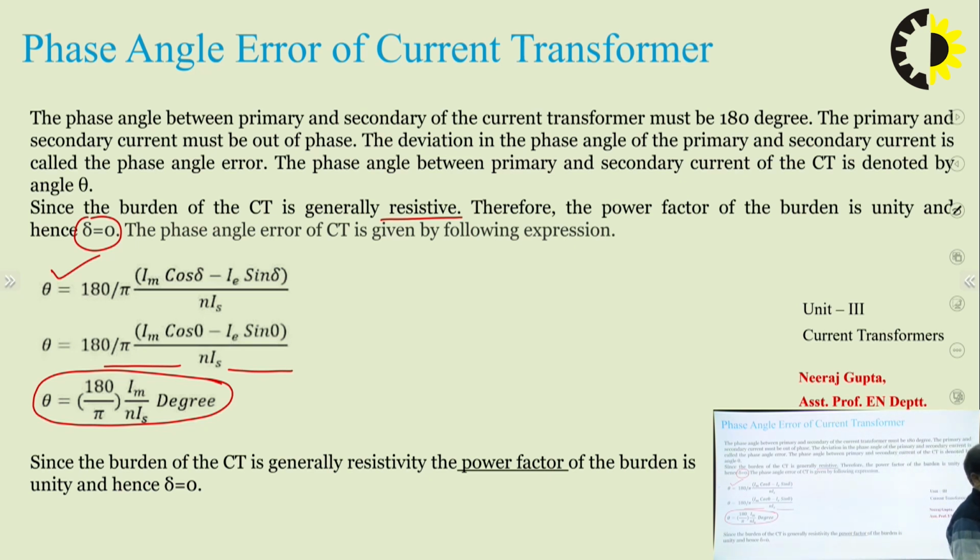Since the burden of CT is generally purely resistive, the power factor of the burden is unity and hence delta becomes 0. So this is the phase angle error of the transformer.